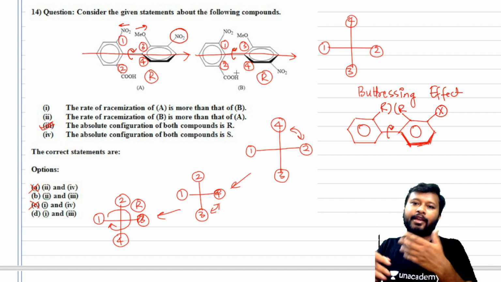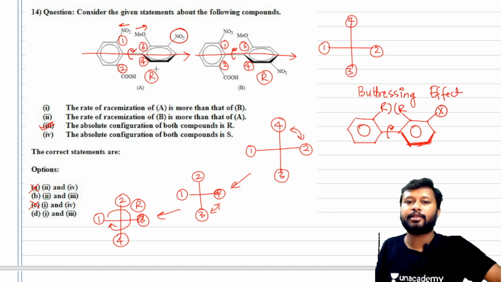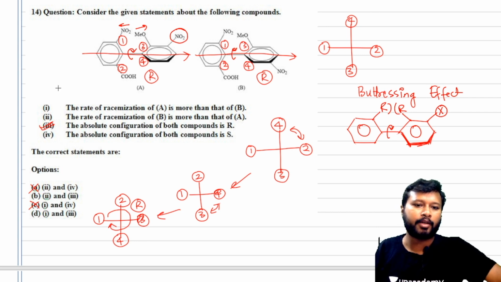They can rotate and they can be converted into each other. That's why the rate of racemization will be more in option A.